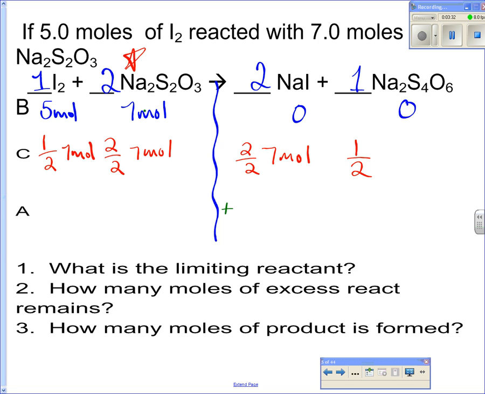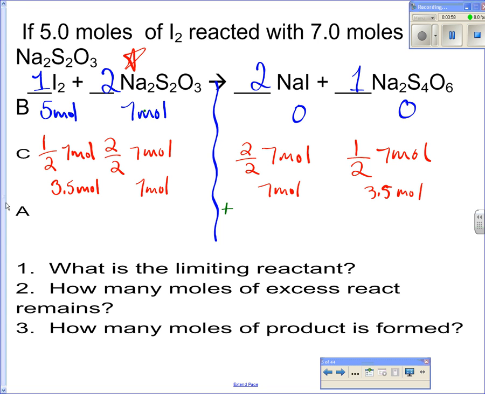This is just like when we did regular stoichiometry, the same superstar guy. You just have an extra line on top. So now I'm going to work it out. What is 1/2 times 7? That's 3.5 moles. This is 7 moles. This is 7 moles. And this is 3.5 moles.